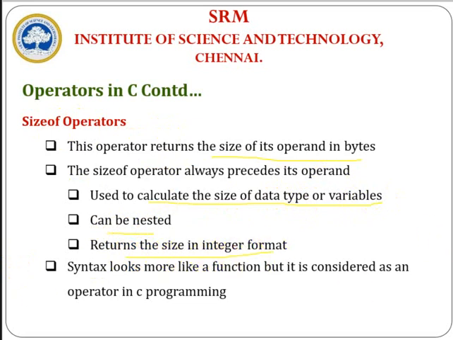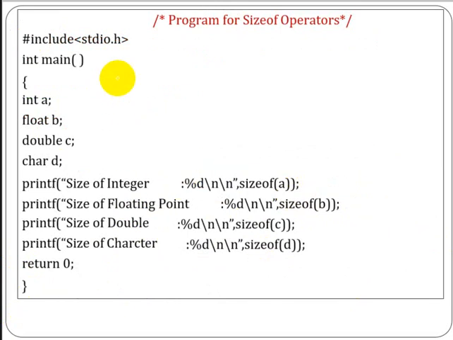Okay, so we'll consider one example so that you can understand. I'm declaring four different variables in different data types: integer, float, double, and character. And I'm trying to check the memory allocated for the variables A, B, C, D. The sizeof is a predefined function which will tell the buffer allocated for this variable.